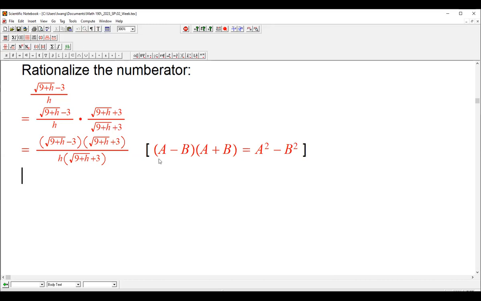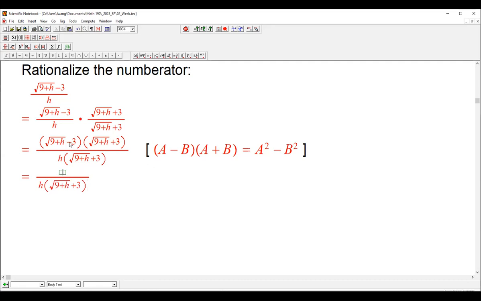Of course, our a is root of 9 plus h, and b is 3, and then we keep the denominator. Now the radical is in the denominator.